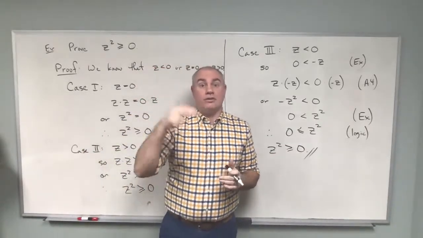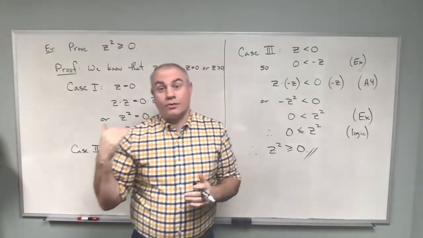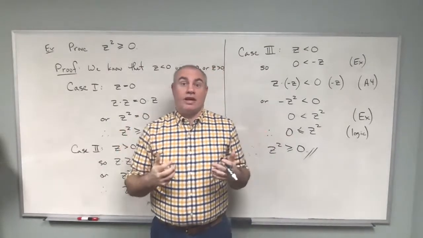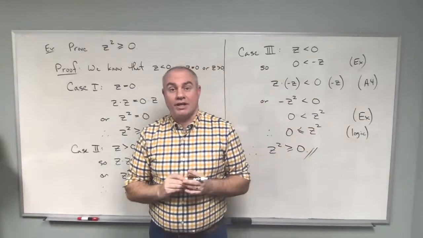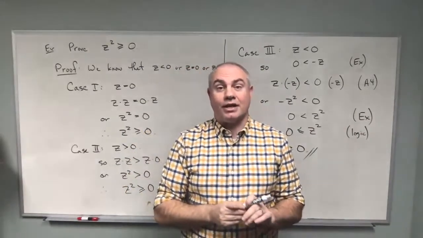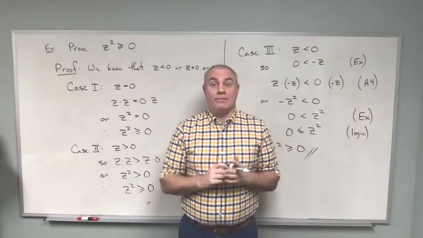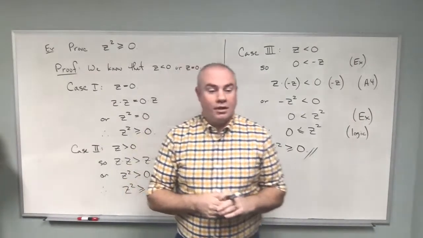In each of those cases, I need to prove the result. In this case there were 3. You could have a problem where there's 10 cases, or 100 cases. I don't think you're going to experience anything like that in your homework, but you definitely could come up against something where it's more than 2. That's not uncommon at all.